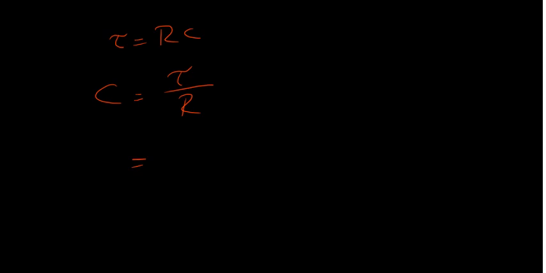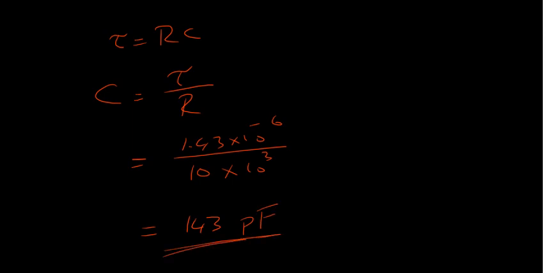That will be 1.43 times 10 to the power minus 6 over the resistor, which was 10 kilo ohm, and that will give us 143 picofarad. That will be the capacitance of the capacitor we used in this circuit.